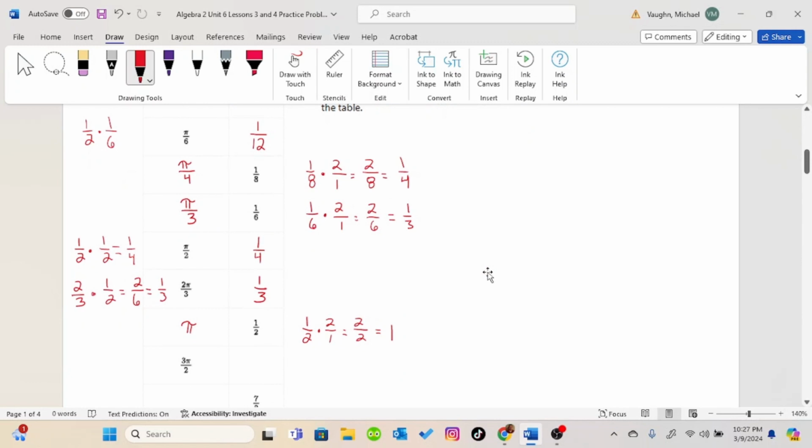As we continue, next we have 3 pi over 2. If we multiply that by 1/2, we have 3 over 4. So we have 3/4 of a rotation around.